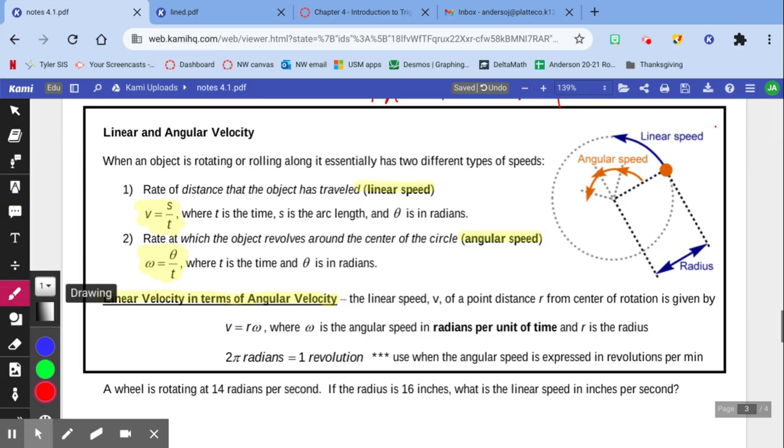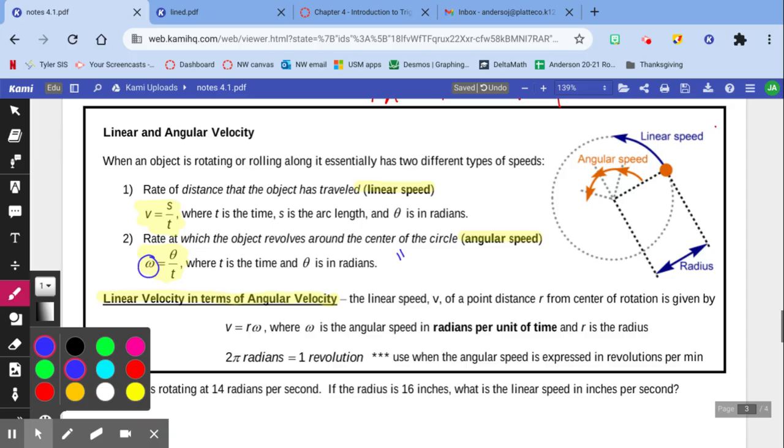If you do not know what this symbol is, this is not a W. It looks kind of like a W, but it's actually the Greek letter omega, and that represents your angular speed.